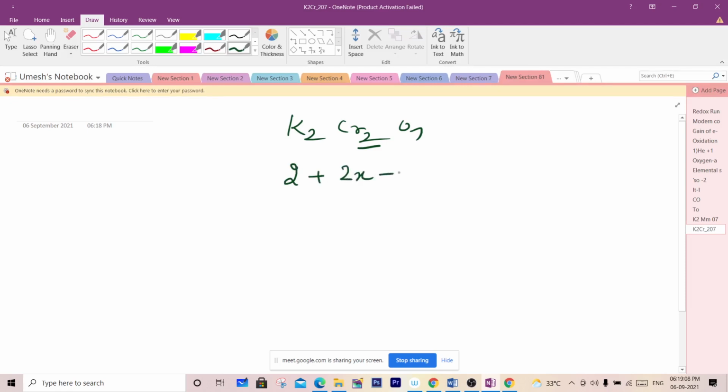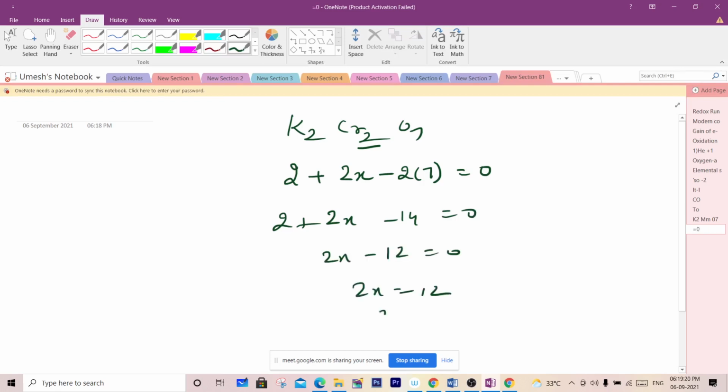It is 2x here. Minus 2 into 7. So 2x minus 14 is equal to 0. 2x is equal to 12, or x is equal to +6. Alkali metal is +1. All the alkali metals, lithium, sodium, potassium, rubidium, they can lose only one electron.